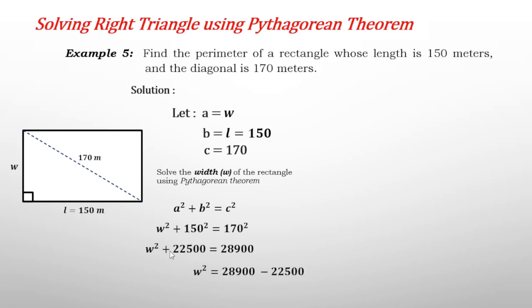Then we need to isolate now the w squared on the left side of the equation by transposing 22,500 to the other side. So the equation now becomes w squared equals 28,900 minus 22,500. If we subtract 22,500 from 28,900, that becomes 6,400. So w squared is equal to 6,400.